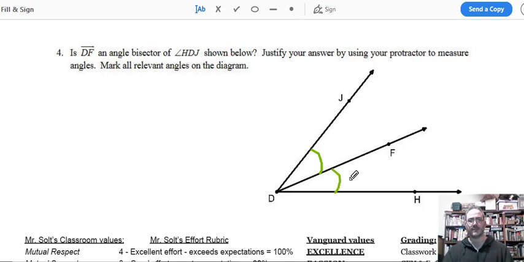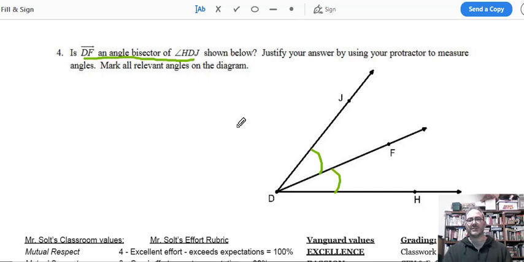It tells me that these two angles are going to be the same. Why? Because DF is an angle bisector of HDJ. DF cuts this whole angle in half, so it creates two equal halves.